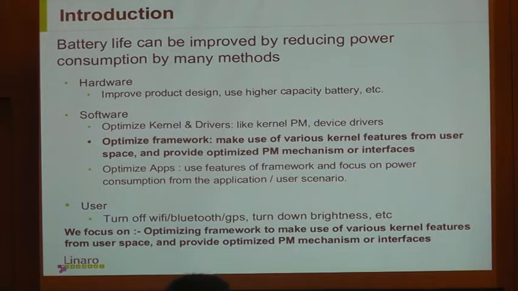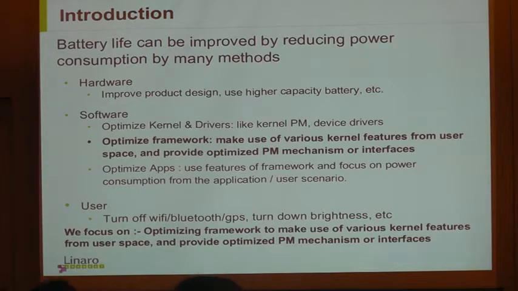About battery life, it can be improved by reducing power consumption. There are many methods. We can optimize from hardware, from software, and we can even extend the battery life as the user of an Android device. From hardware, we can improve the product design, like using a higher capacity battery or less power consuming screens.